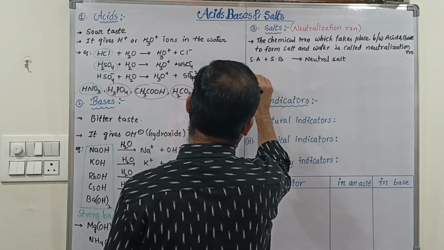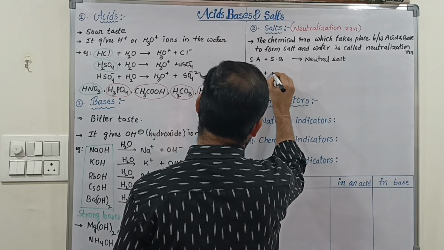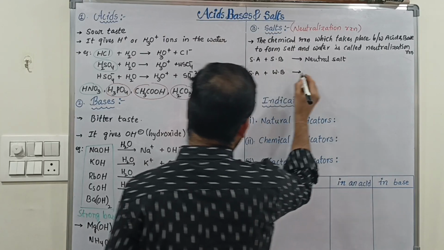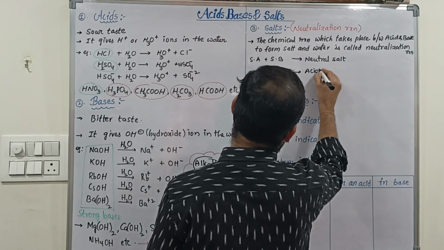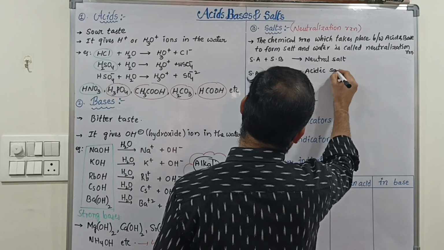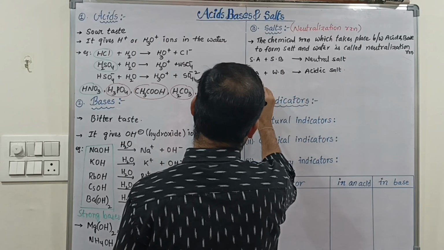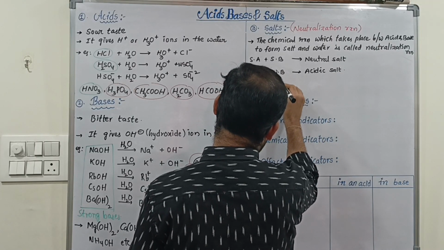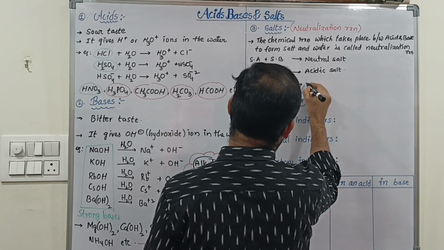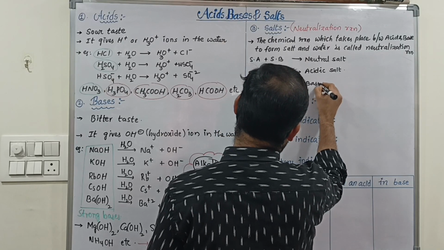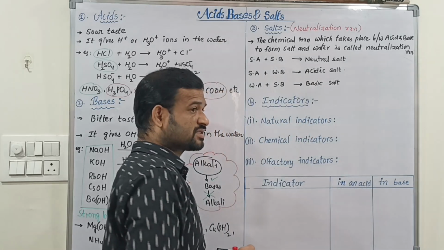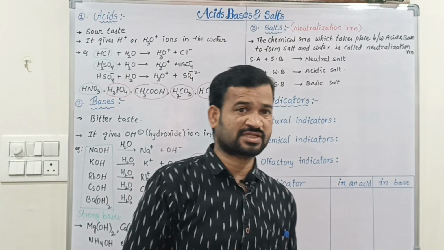If a strong acid combines with a weak base, it forms an acidic salt. Next, a weak acid combines with a strong base, it forms a basic salt. And what about a weak acid combining with a weak base?